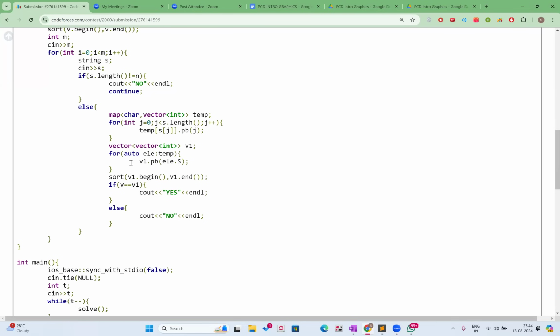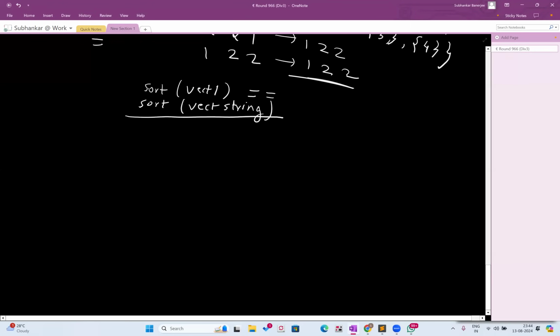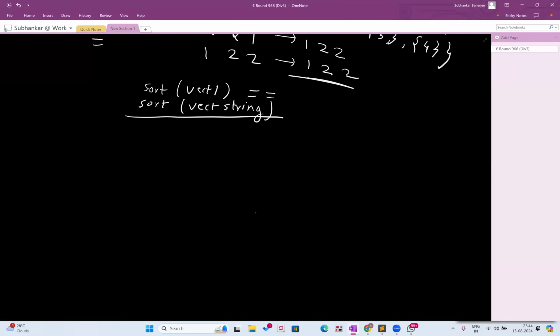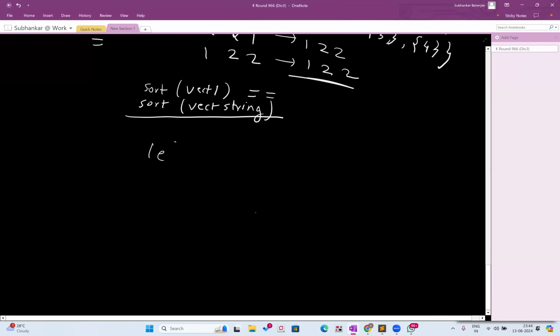But one thing to note here is the sum of the string lengths will be less than or equal to 1e5. So this will work in 1e5 log n. So total complexity may reach up to 2e5 log 2e5 in the worst case.